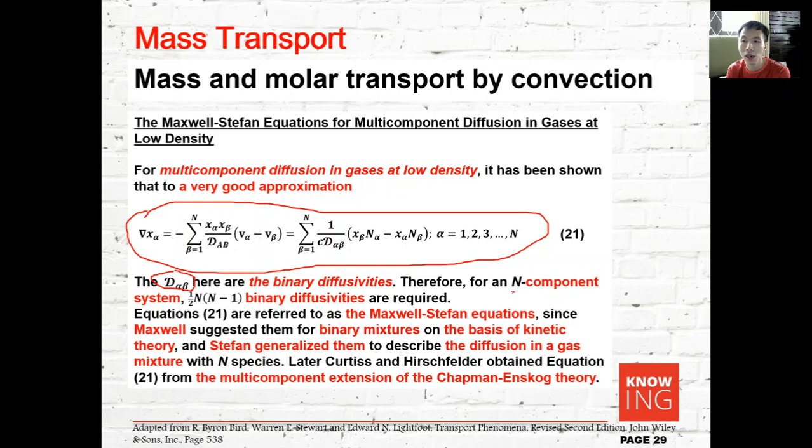For an n-component system, you need half n multiplied by n minus 1 binary diffusivities. Equation 21 is referred to as the Maxwell-Stefan equation because Maxwell was the one that suggested them for binary mixtures on the basis of kinetic theory, while Stefan is the one that generalized them to describe the diffusion in a gas mixture with multiple species.